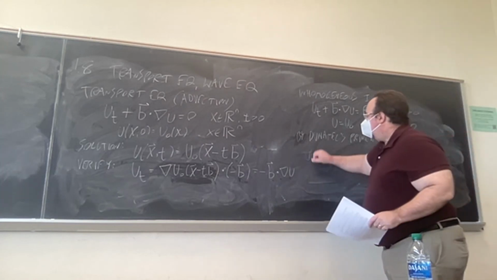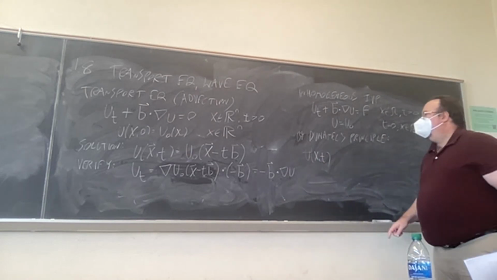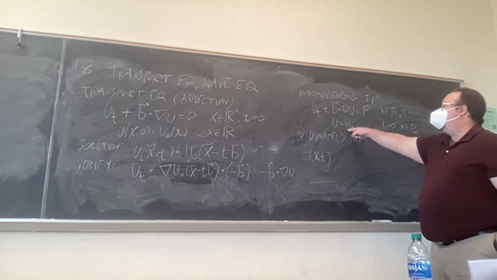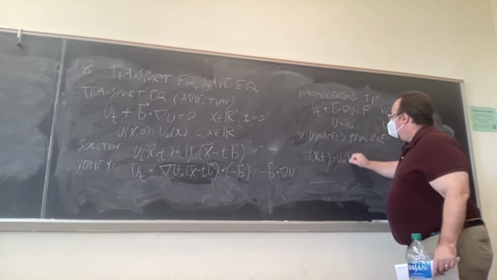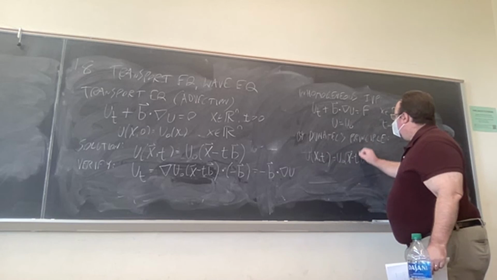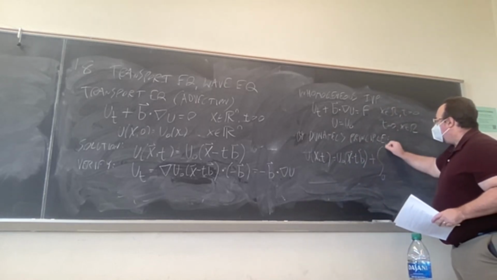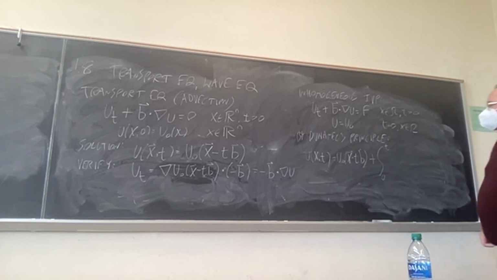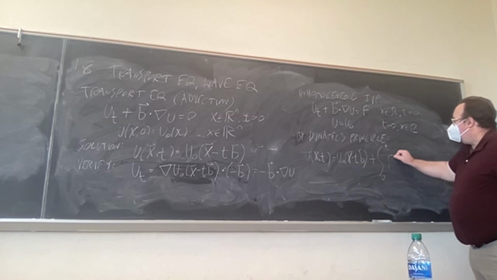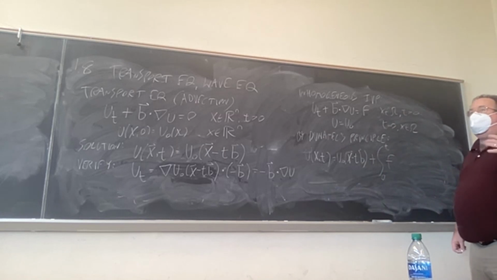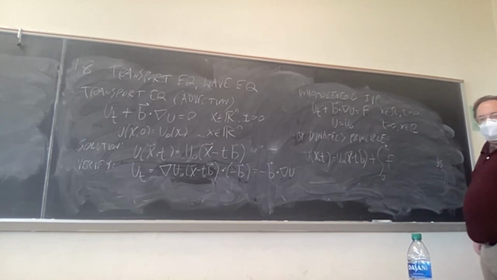So u of x, t will, so a first term will deal with just the initial data. So that'll be exactly that. So u naught of x minus tb plus, so the second term will deal with the source term. So what do we do? We take the source term, and at each instant s, so this will be an integral with respect to s from 0 to t.